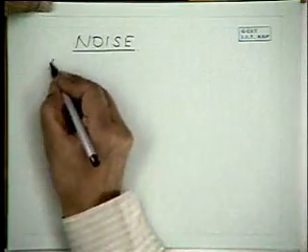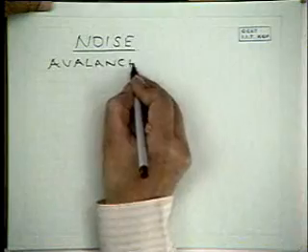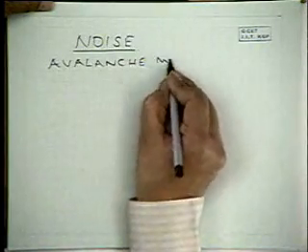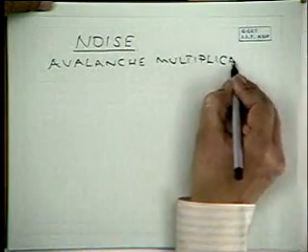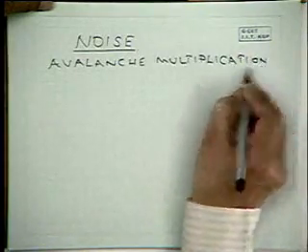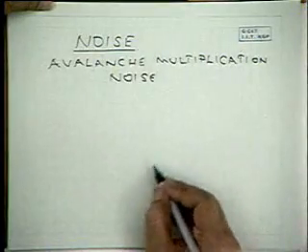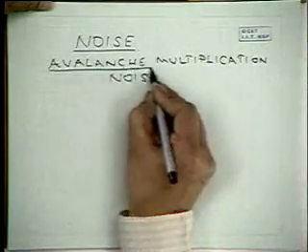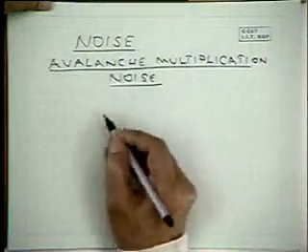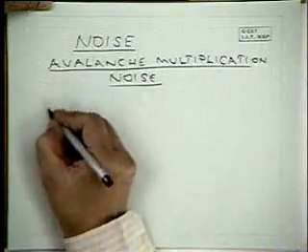There is avalanche multiplication noise. Why? Because this is a random process. We don't know when an electron is going to collide and create extra electron hole pairs. Similarly, a hole, when it picks up enough energy, can create electron hole pairs.